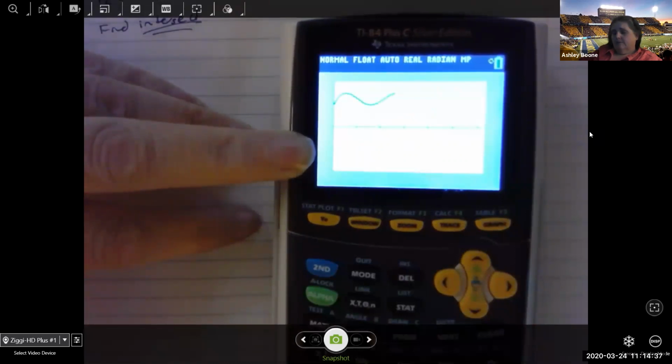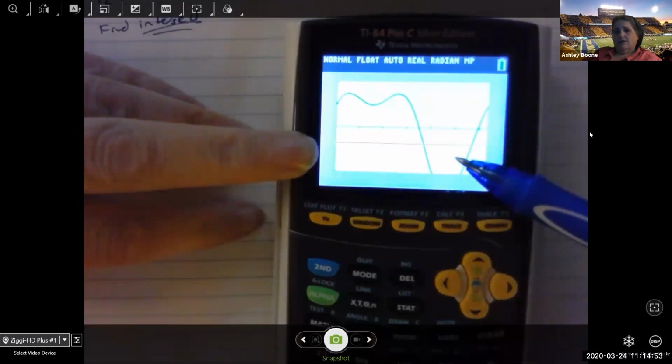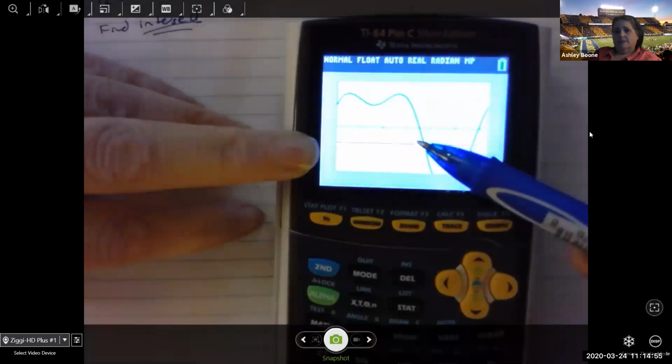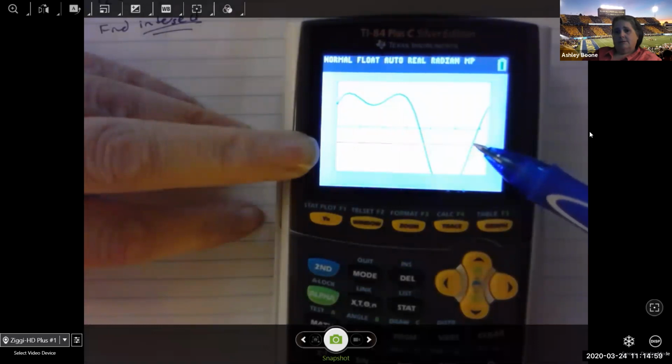This is our first side, the one that involves sine and cosine, and then in red, I have the right side. Notice over that interval, we have 2 solutions, 2 intersection points right there and over here too.